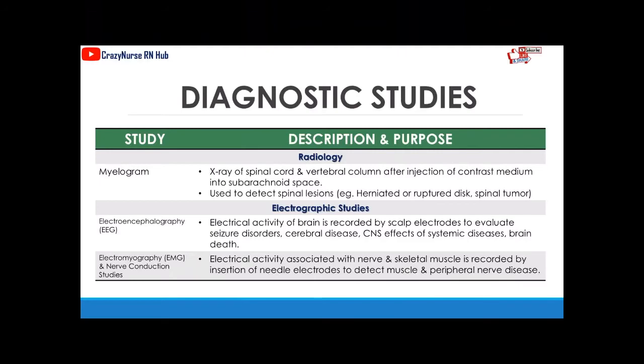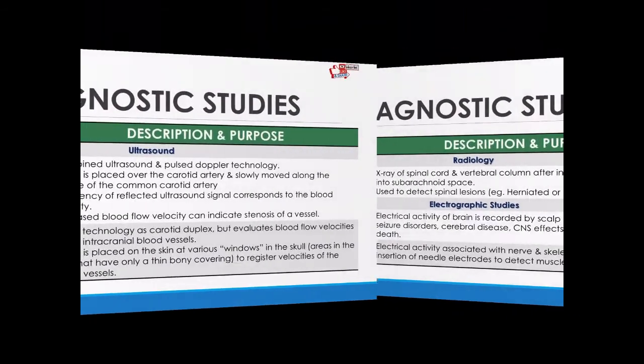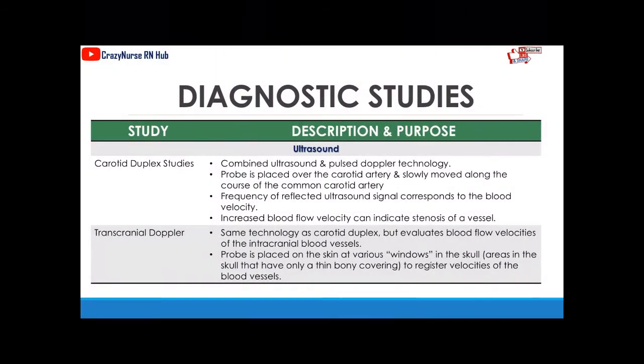For the electrographic study, we have your electroencephalography or EEG. Also, we have here your electromyography or EMG and nerve conduction studies. For the ultrasound, we have your carotid duplex studies and transcranial Doppler.